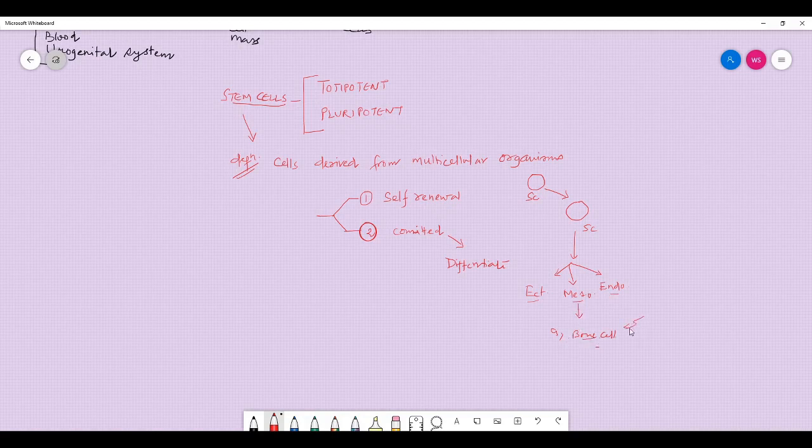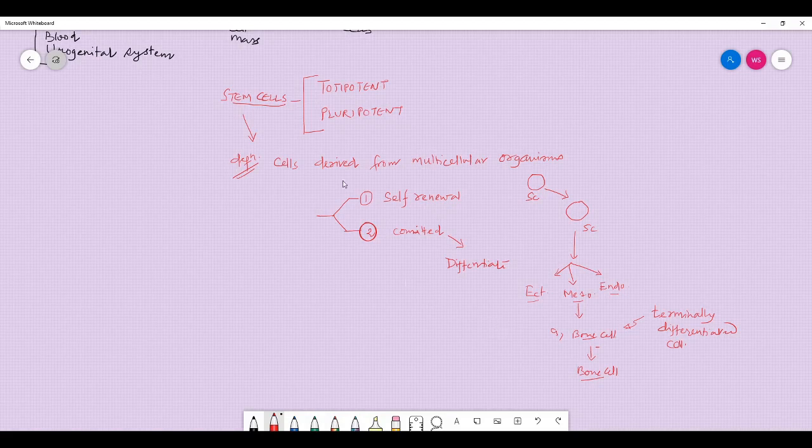This bone cell is entirely different from the stem cell, and it cannot physiologically go back to becoming a stem cell. A bone cell will divide to form a bone cell only. It cannot give rise to a stem cell. Such a cell we call terminally differentiated. So a bone cell is a terminally differentiated cell.